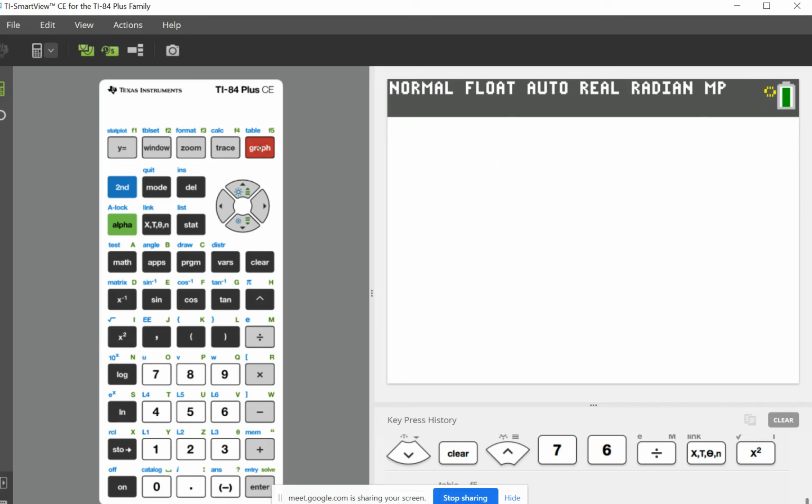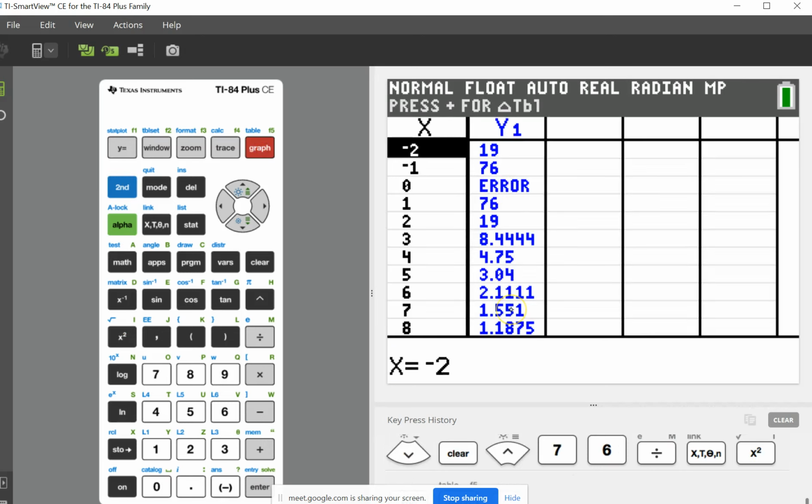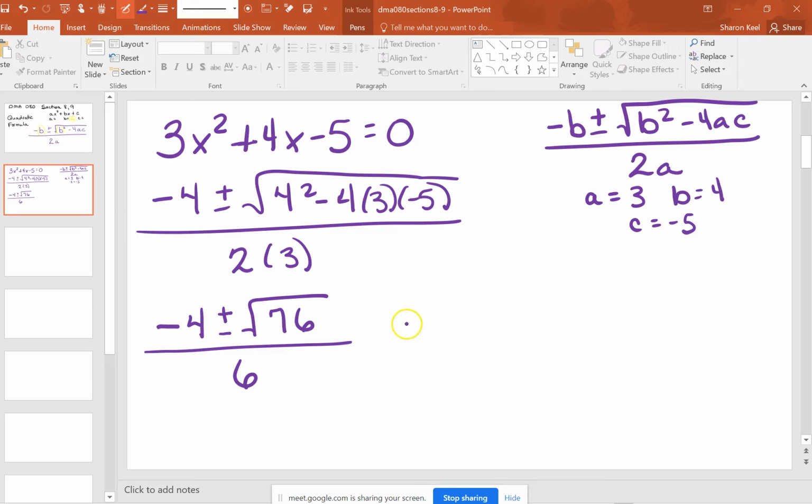Second table, I'm going to look in the right-hand column and scroll down to see where a 1 would be, and we'll find there's not a 1. As we come up, our first pair of whole numbers is 2 and 19. So that means this is going to simplify to be negative 4 plus or minus 2 square root 19 over the number 6.